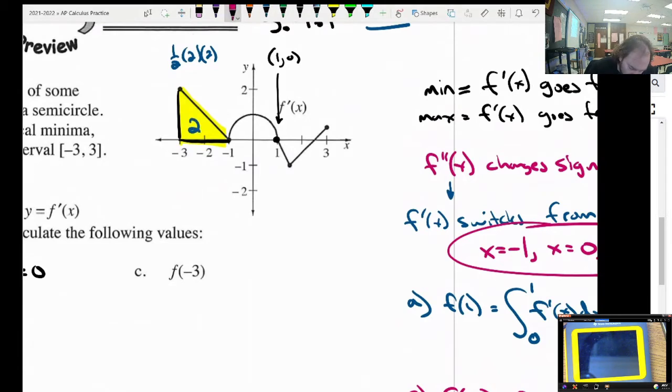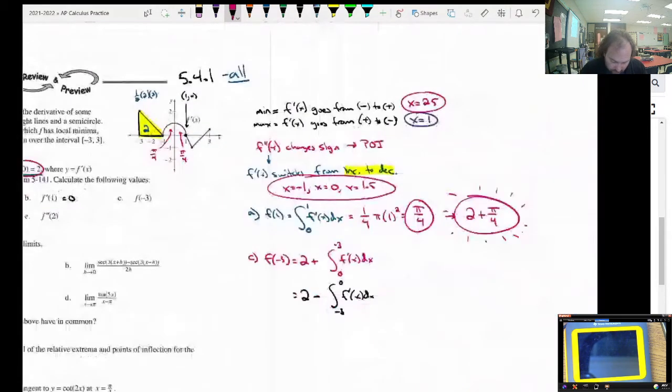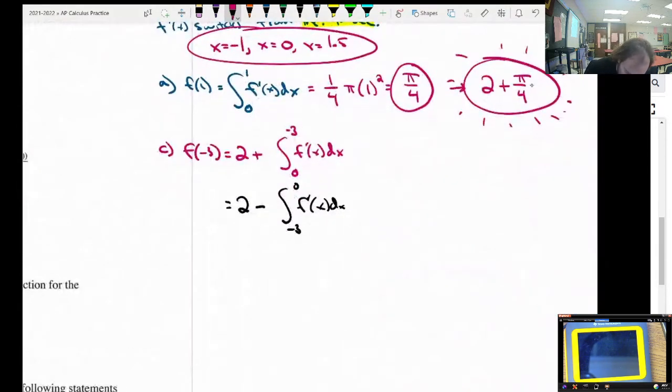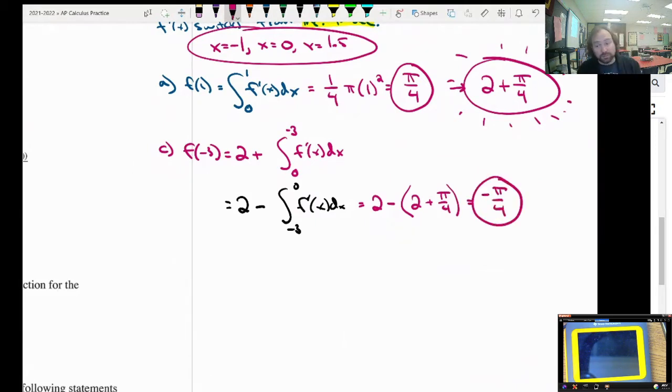And this area we kind of already know to be pi over 4 because it's got to be the same as that area right there because they're basically equal to each other. So it's going to be 2 plus pi over 4. So for this equation, we're going to have 2 minus, in parentheses, 2 plus pi over 4. And the 2's cancel out, and we're left with negative pi over 4 for our final answer, which is pretty groovy.